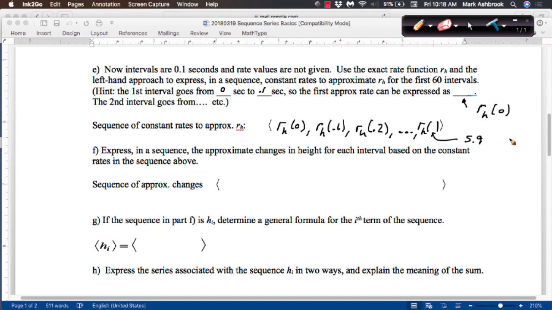Okay, so now we want the sequence of changes, right? We've got our rates, and how long are our intervals? What's our dx? 0.1. So to find each change, we do r sub h times 0.1. So that's the amount of change, m dx, right? Rate times change in time.